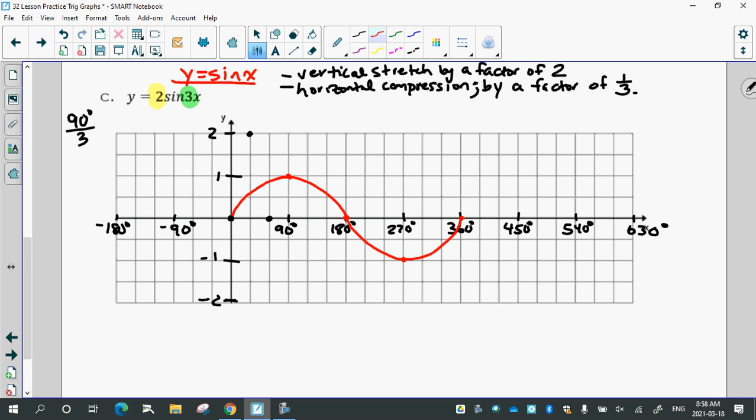Okay, so for this point here, vertical stretch by a factor of 2 puts me at -2. And then 270 divided by 3 is 90. So I'm over here.